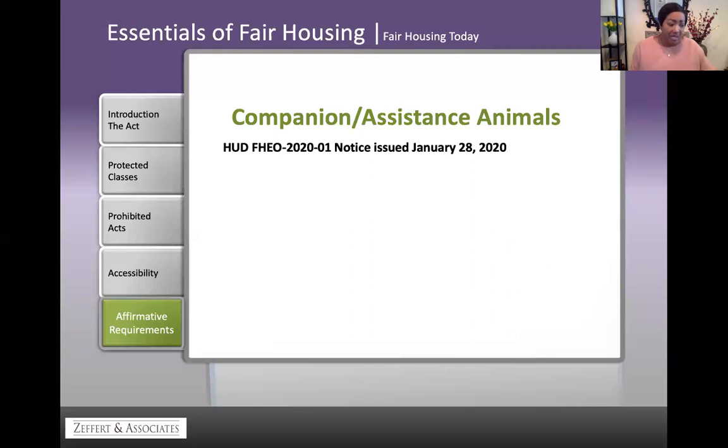It says the investigator must substantiate the claim by verifying it with the insurance company directly and considering whether comparable insurance without the restriction is available. So is it possible for you to obtain insurance with another carrier to cover the pit bull breed, so that you can accommodate the person that is requesting a reasonable accommodation for that particular assistance animal? It may not be possible, okay?